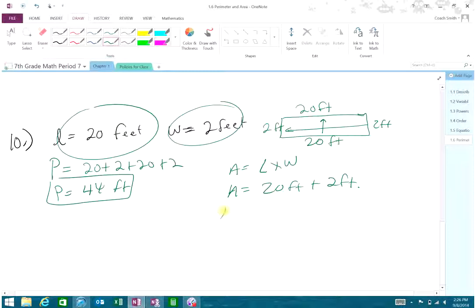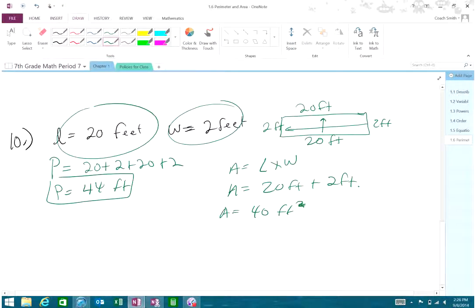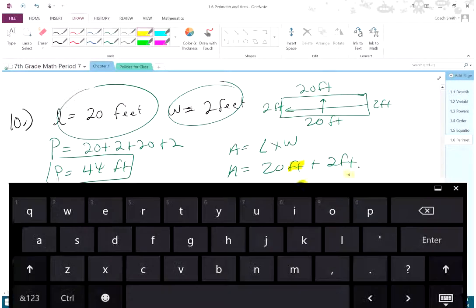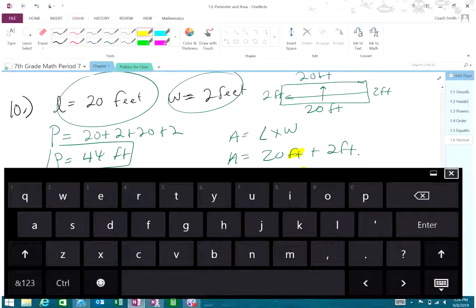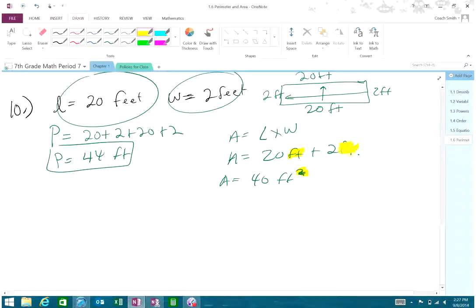And that is, area is equal to 40 feet squared. The reason it's squared, once again, is because you have 2 different dimensions that I'm multiplying together.